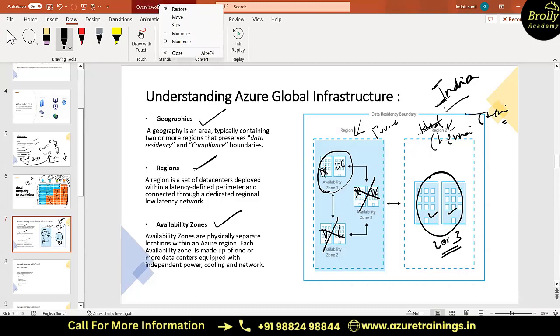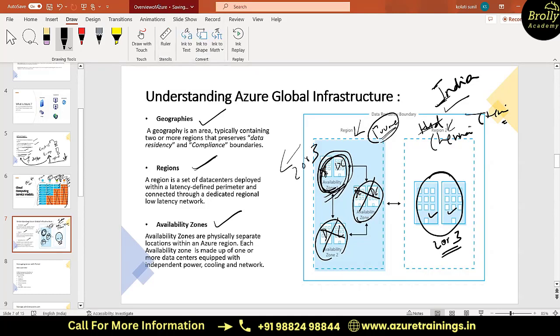You have to understand that not all regions have availability zones. Availability zones means a set of data centers. Suppose Pune has three availability zones: in South Pune they may have one availability zone, I mean two to three data centers, in North Pune two to three data centers, and in West Pune two to three data centers.